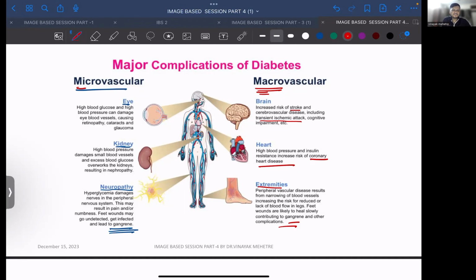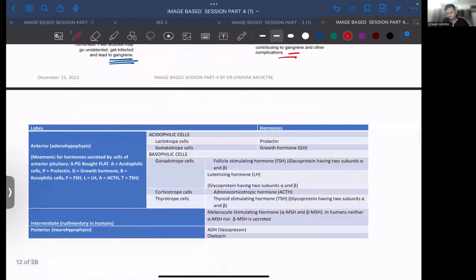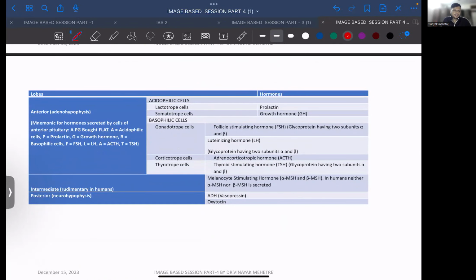Easiest question, physiology. Easiest question. Remember, posterior pituitary gland has only two hormones. How to remember? Posterior pituitary has only two hormones, that is ADH and oxytocin.